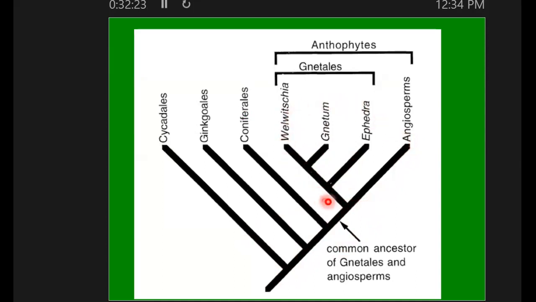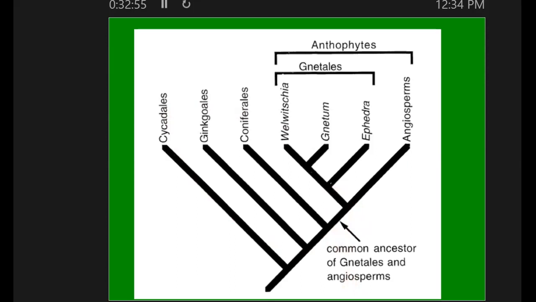So that's telling you that the Cnidophytes are more closely related to the angiosperms compared to the other three phyla, right? And then they're even pointing down here, they're saying, this is where we think there was a common ancestor. And then from that, you get the Cnidophytes branching off and then the angiosperms branching off. So the Cnidophytes are kind of a special group or phylum within the gymnosperms.